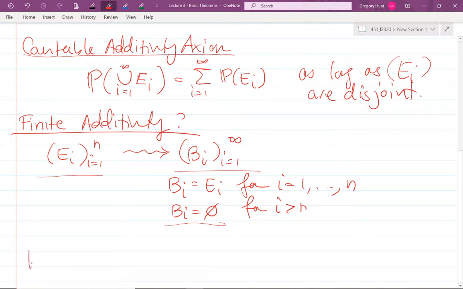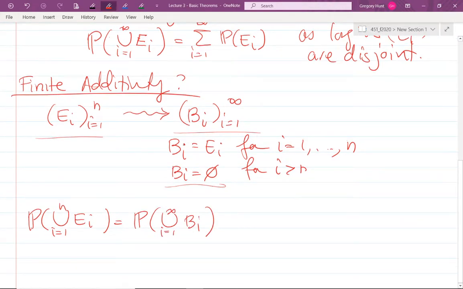For example, the probability of the union of these E sub I, I goes 1 to n, is the probability of the union, I goes 1 to infinity, of the B sub I, because it's just the union of the E sub I with a bunch of empty sets, which doesn't change the union.